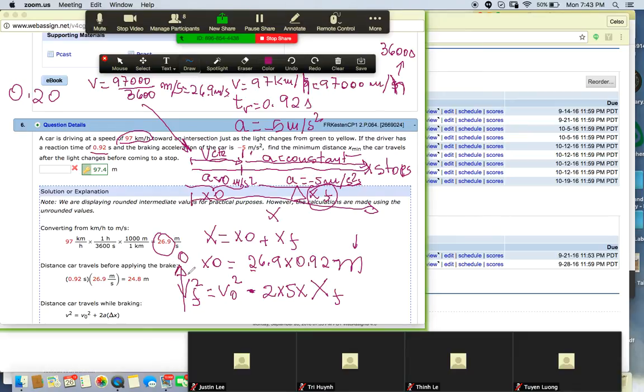So v naught squared is equal to 2 times 5 times the distance xf we want to find. Therefore xf is equal to v naught squared, 26.9 squared, divided by 10, since 2 times 5 is 10. Then you have your xf. You plug it in here and add the two segments, and then you have your solution.